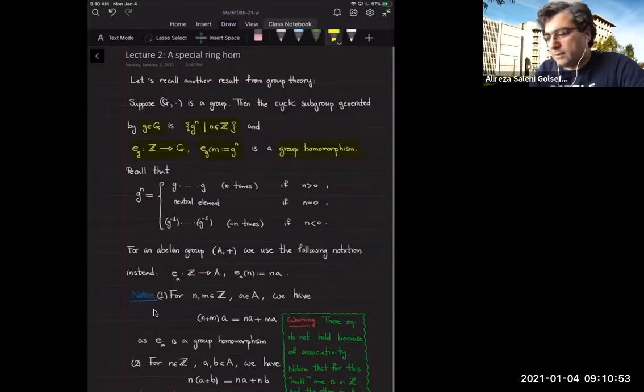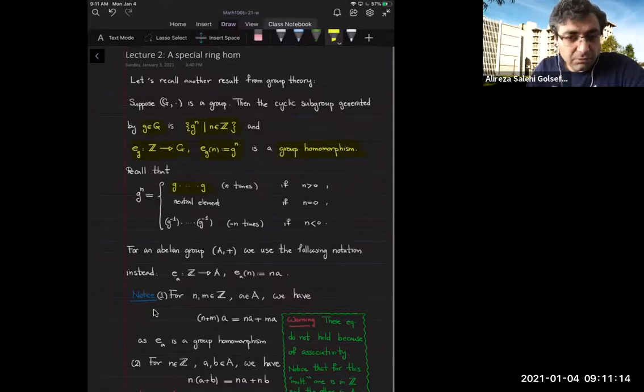Now, but let me recall here what G to the n is. G to the n is simply G times G times G dot dot dot G n times, if n is a positive integer. So if n is a positive integer, I'm simply multiplying G n times. I'm raising G to power n.